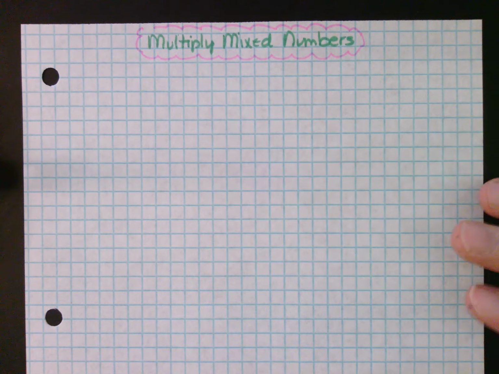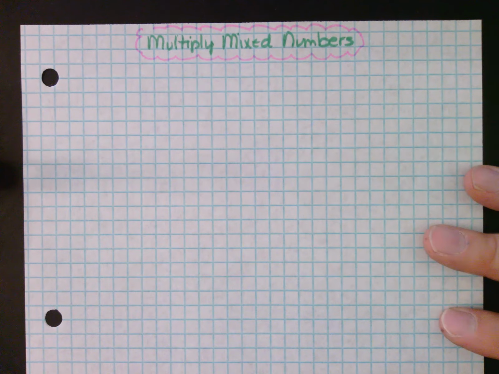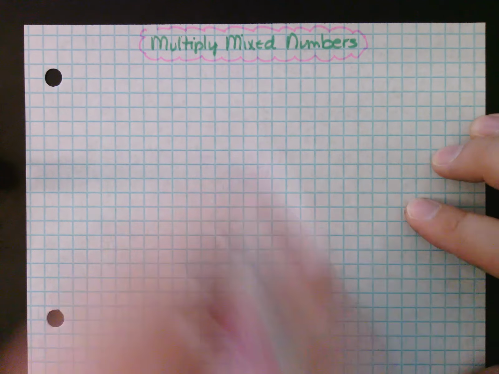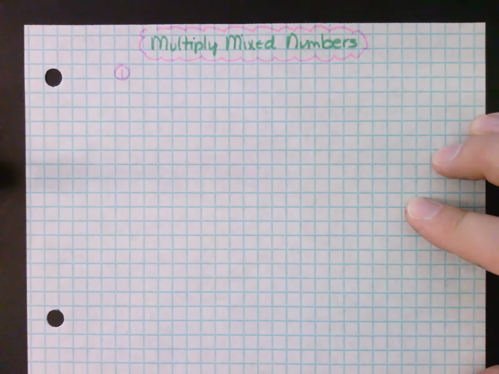All right, when we multiply mixed numbers, there are a couple steps that we can take. We want to first write the mixed number as an improper fraction.